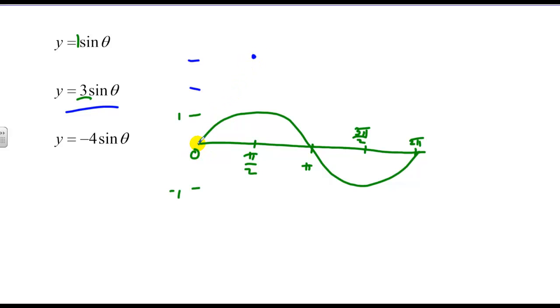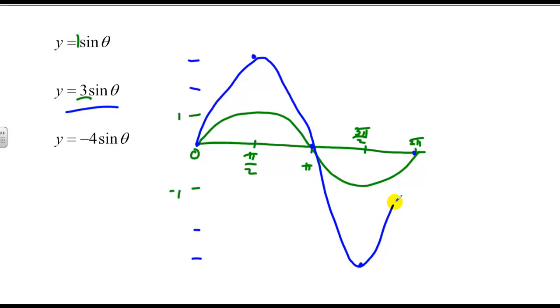If I multiply 0 by 3, I'm still at 0. And if I multiply negative 1 by 3, I'm at negative 3. So this graph is going to be roughly 3 times as high as the other. But nothing else will change because it's only a y multiplier and not an x multiplier.